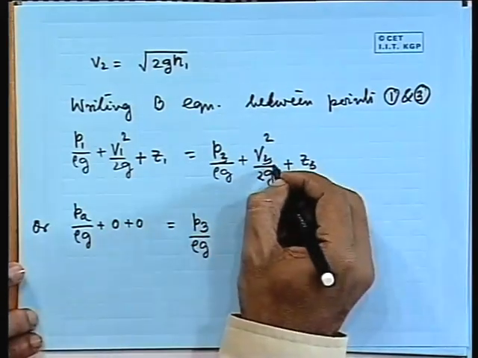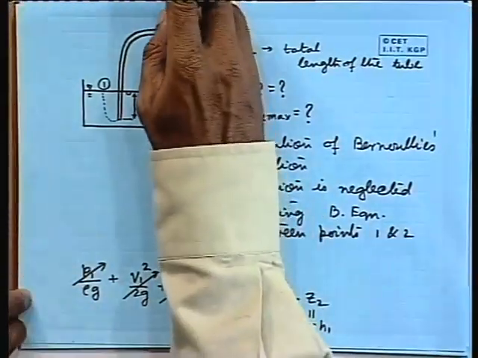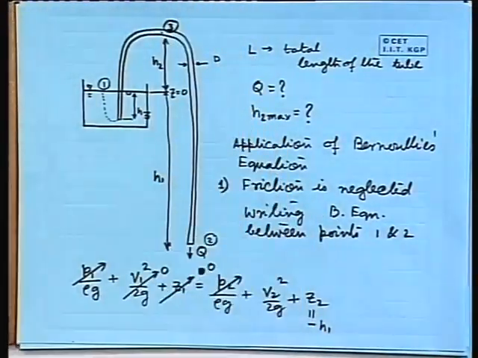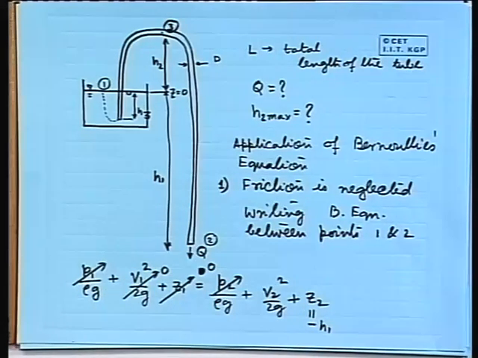V3 and V2 are the same. The velocity here and velocity here are the same because the pipe diameter is identical, with no change in diameter.